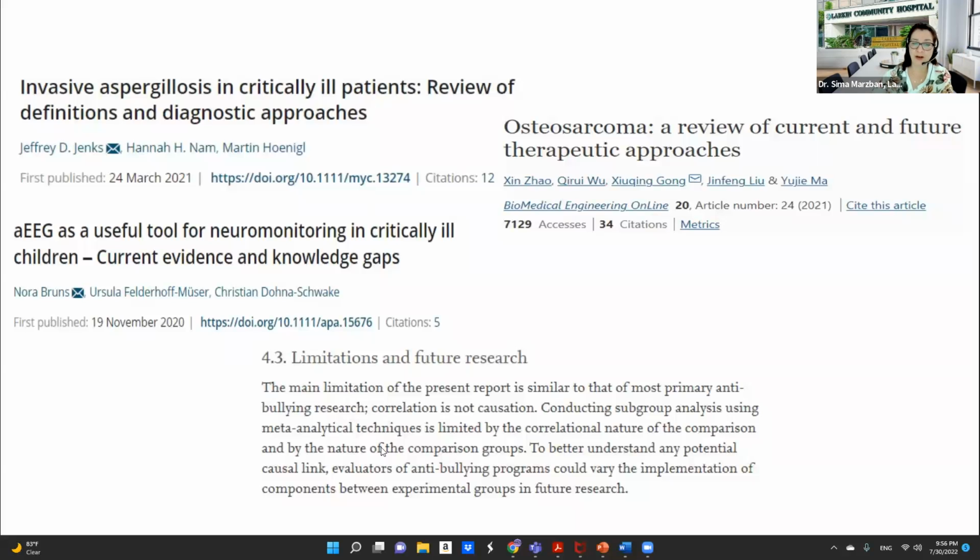Where can we find this type of topics? Limitation and future research section in published articles.